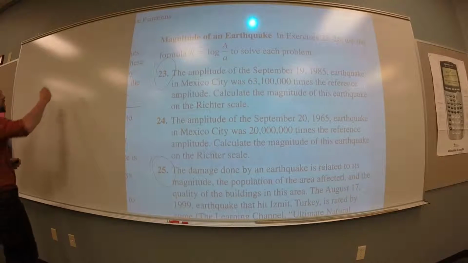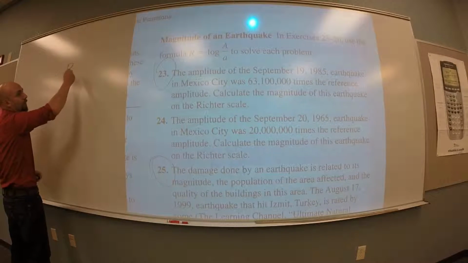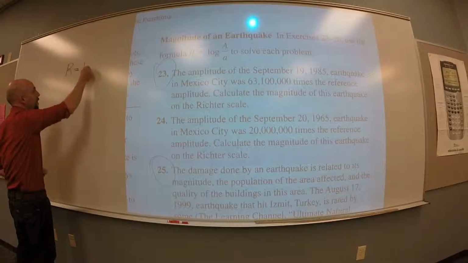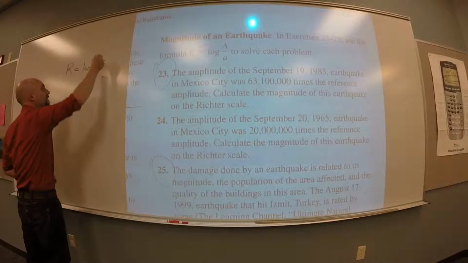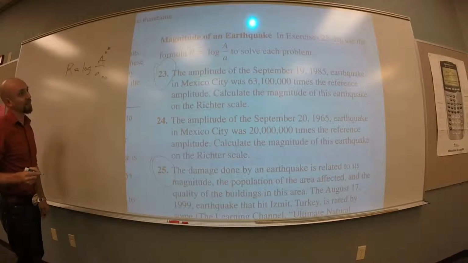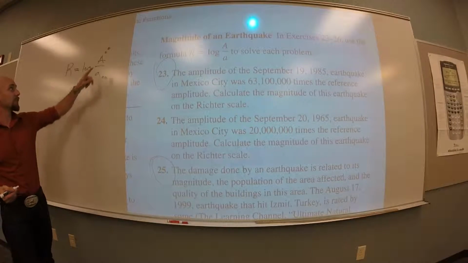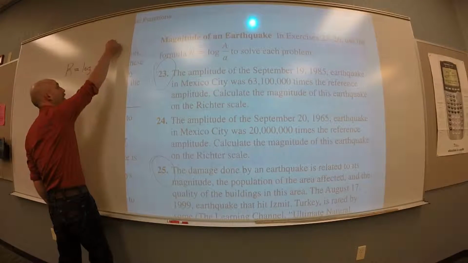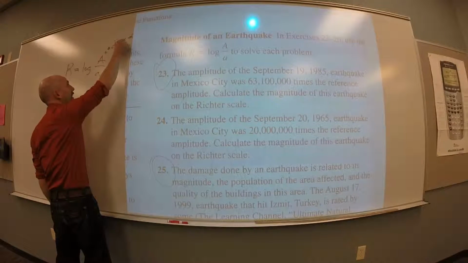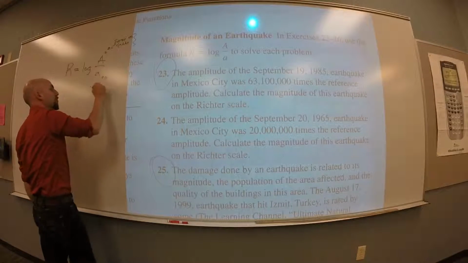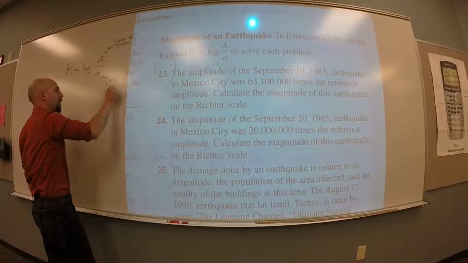So if we go back and look at the section for this, figure out what R is log of A over A means. What are these? They're amplitudes. So this is the amplitude of the quake, and this one is the amplitude of the reference.